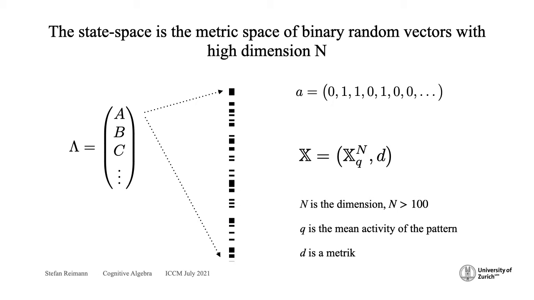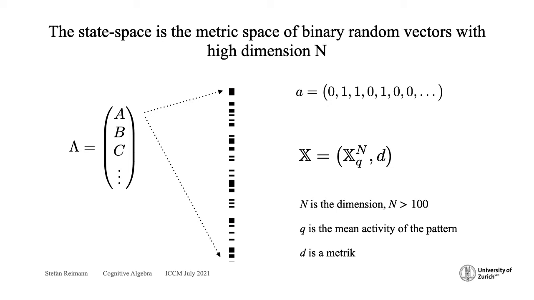What is the state space and how does it look like? Let the list of items be sequentially presented. When item A is perceived, it induces an activity pattern in the neural field it is projected to. This pattern is represented by a binary vector, which I call the corresponding state little a. Activity patterns are spread over a huge area, hence the state space is assumed to have some high dimension.